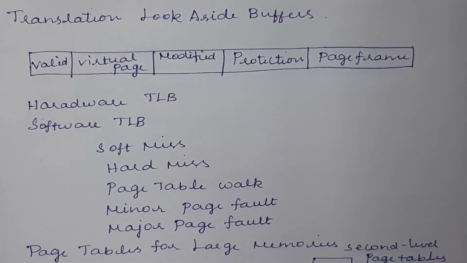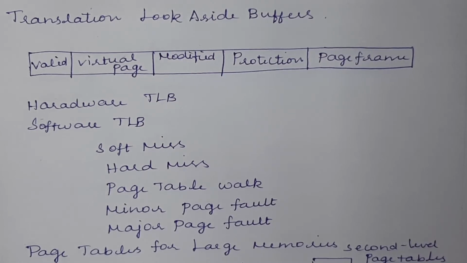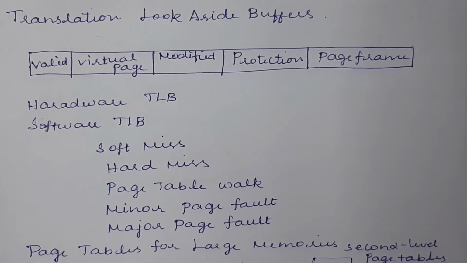To avoid this, we have one common page table, the TLB. This TLB holds some number of page entries, not the entire list. Based on the address provided in these page entries in the TLB, we can access the content or instruction from main memory.